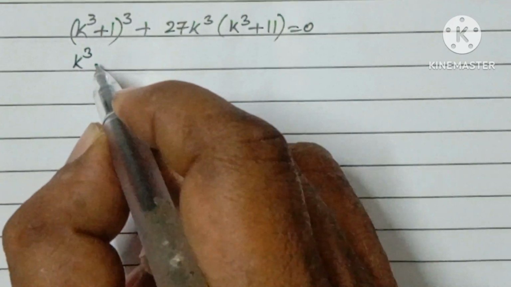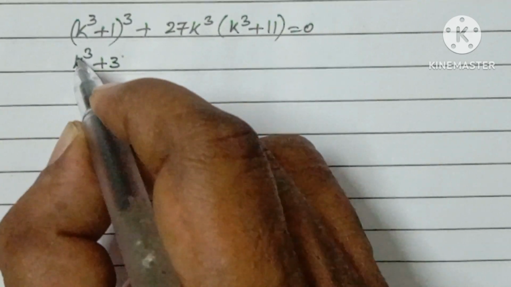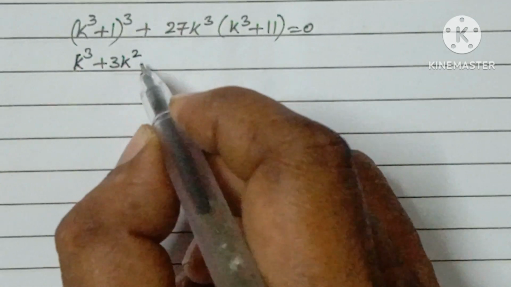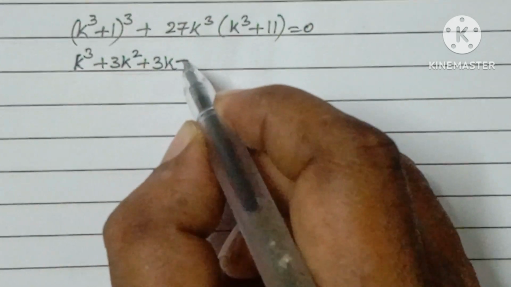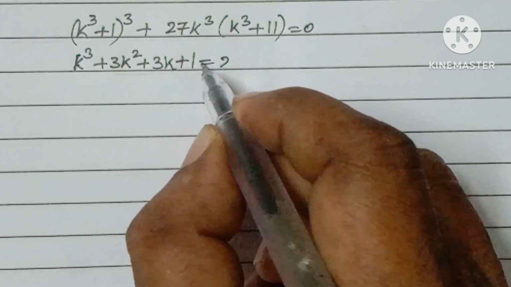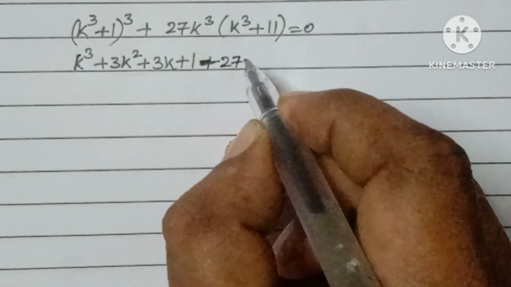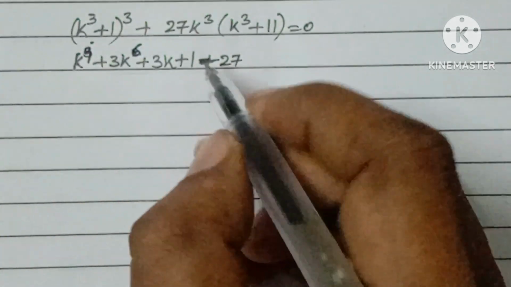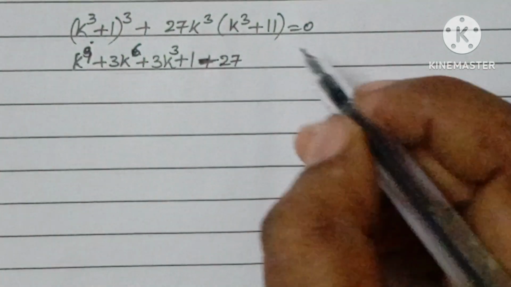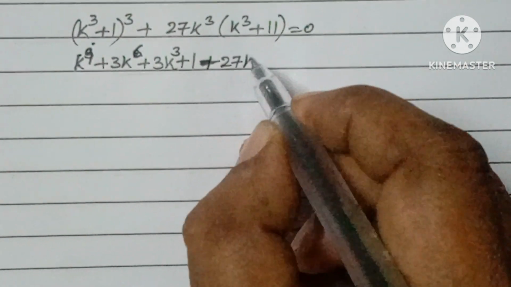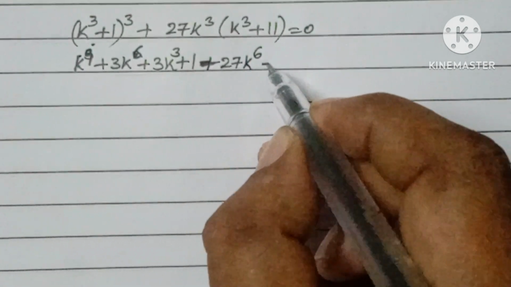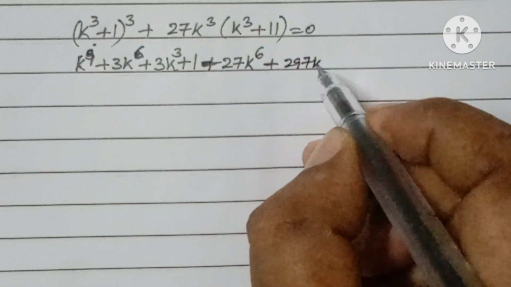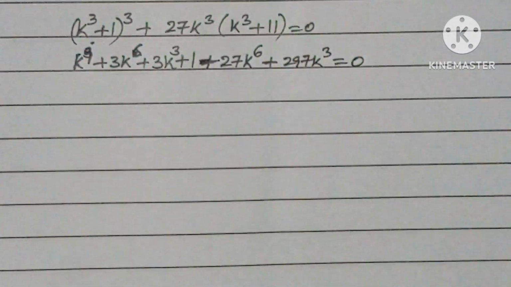So here you'll get K cube plus 3K square plus 3K plus 1 is equal to plus 27 K to the power of 9 now. Here 3K power 6, 3K cube plus 27K power 6 plus 297 K cube equal to 0.